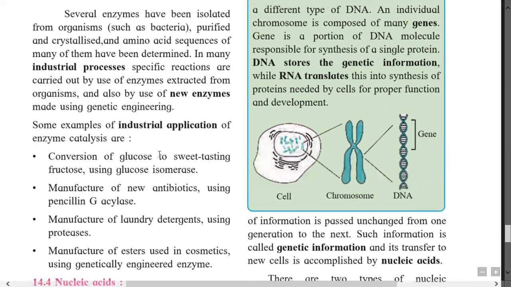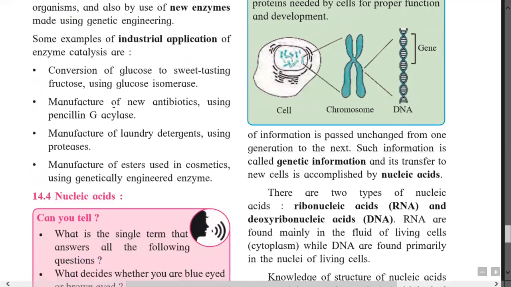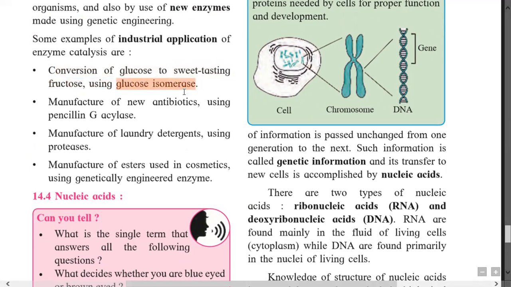Some examples of industrial applications of enzymes are given here. One is the conversion of glucose to sweet tasting fructose using glucose isomerase. This reaction is carried out by using the enzyme glucose isomerase.